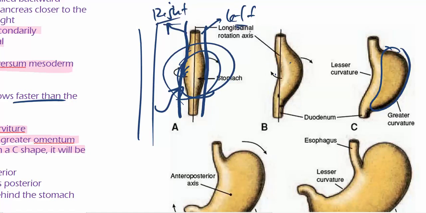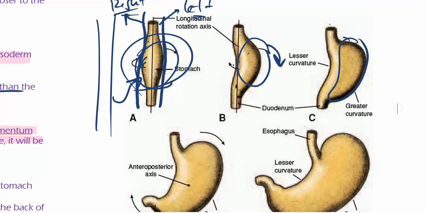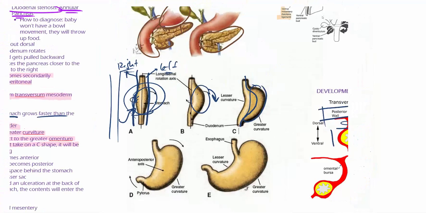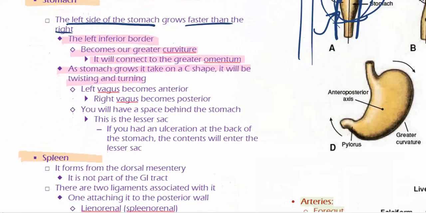As the gut tube is growing faster towards the left side, and we're getting this rotation this way, the left vagus will actually be on top, like so, and the right vagus will actually be behind the stomach. Okay, so that's what this part is saying here.